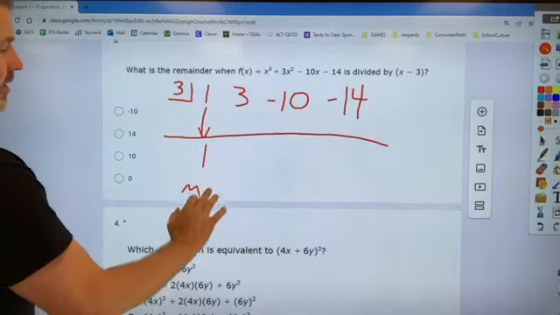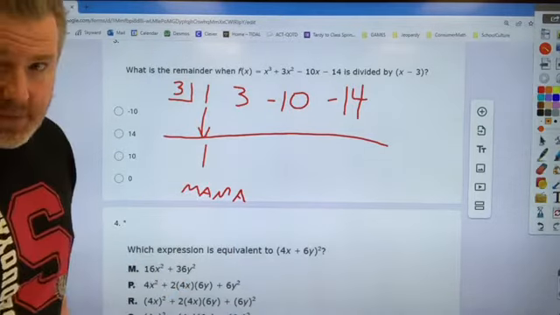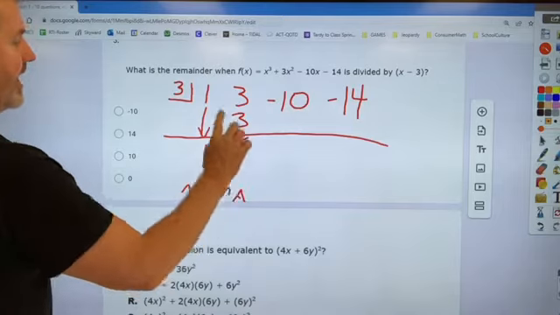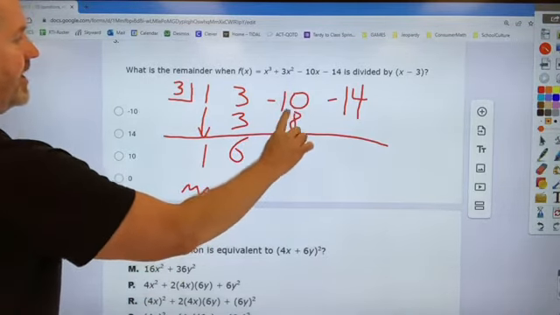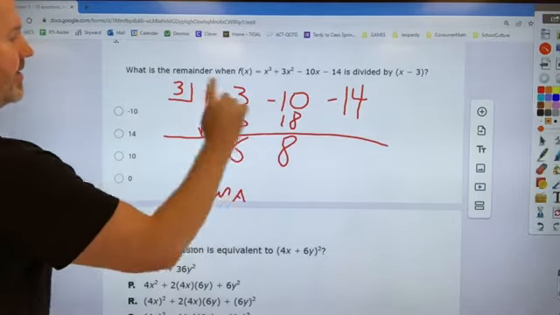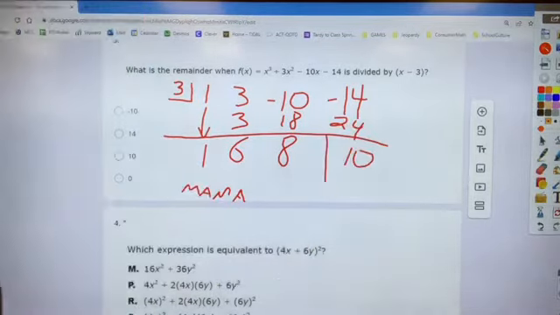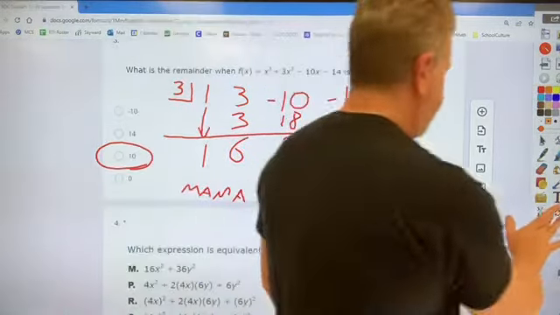Remember mama? Multiply, add, after you drop down that first one, okay? Drop down the first one, then we're multiplying, then adding, then multiplying, then adding, then multiplying, then adding. There's our remainder, 10. It says, what is the remainder? Answer would be 10. All right, let's move on.